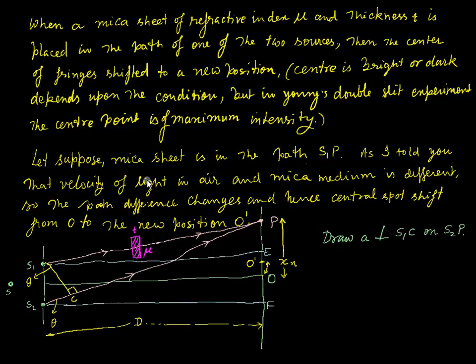Now the explanation. Suppose the mica sheet is in the path S1P. As I told you, the velocity of light in air and in the mica medium is different.